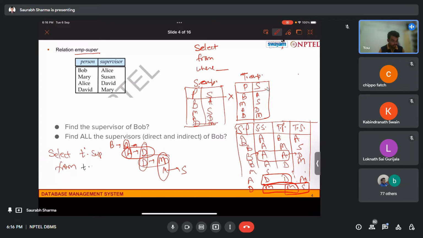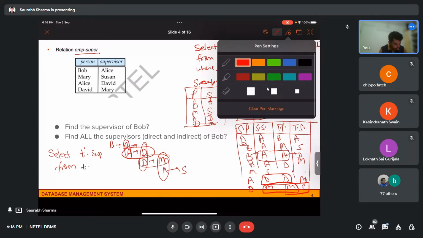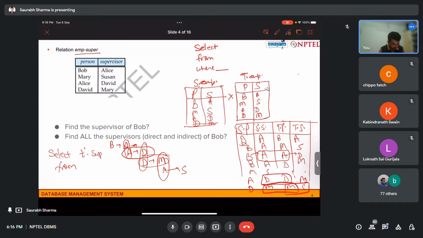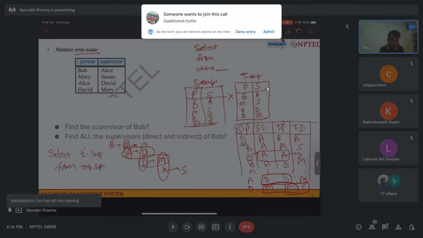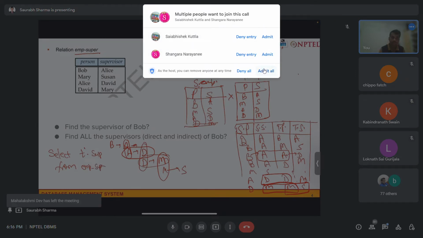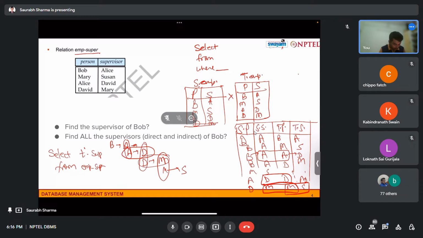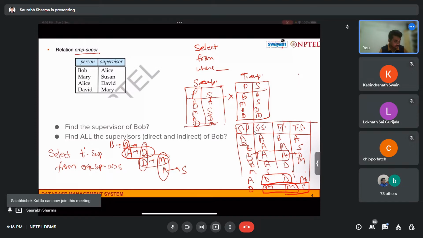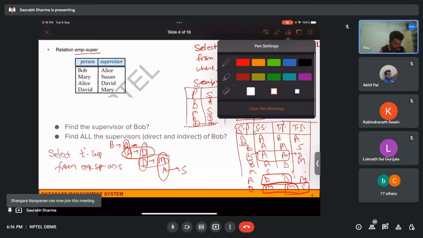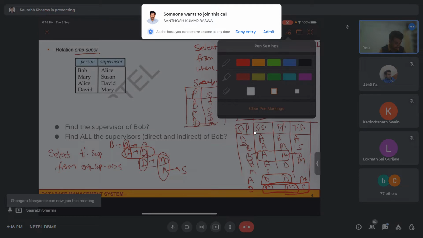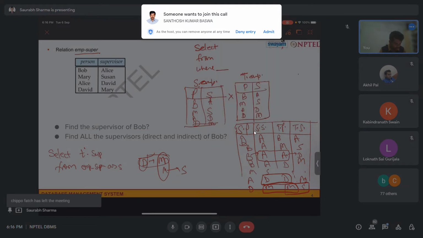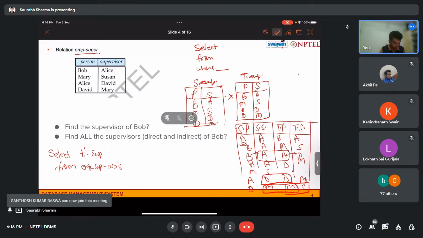So first we will write it as m super as s, comma.